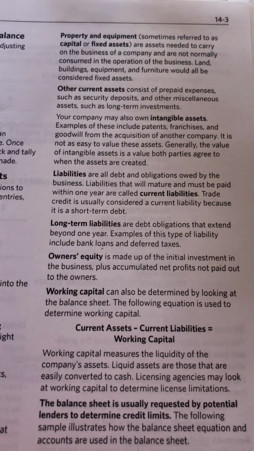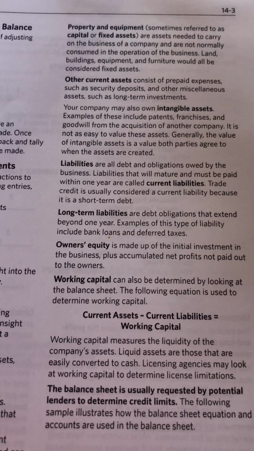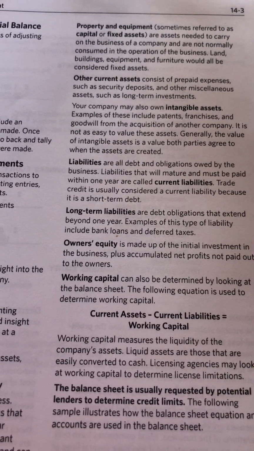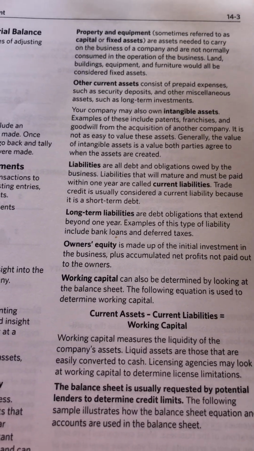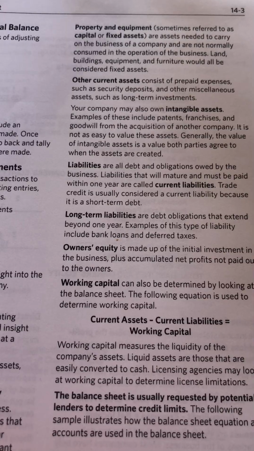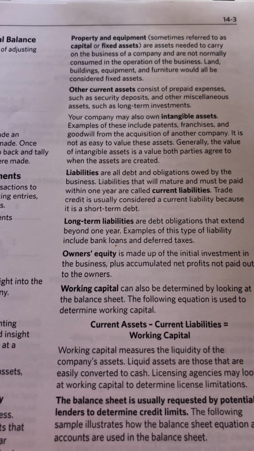Property and equipment, sometimes referred to as capital or fixed assets, are assets needed to carry on the business of a company and are not normally consumed in the operation of the business.